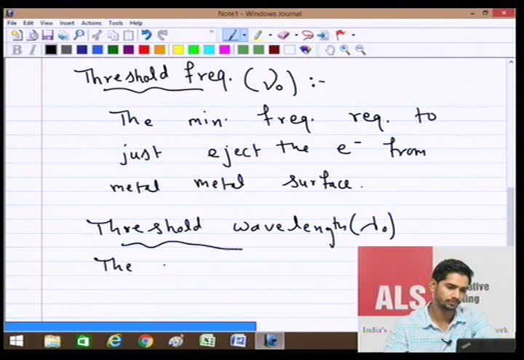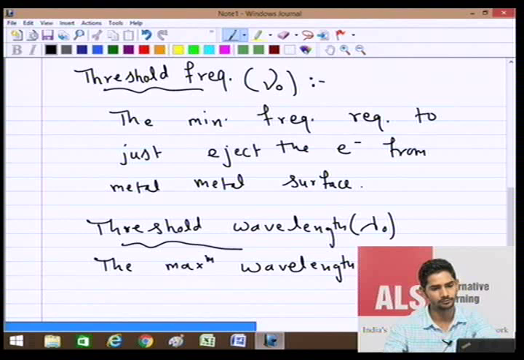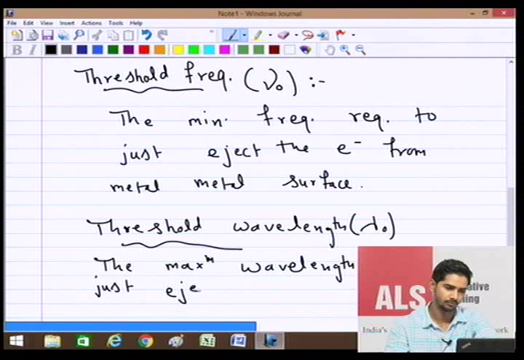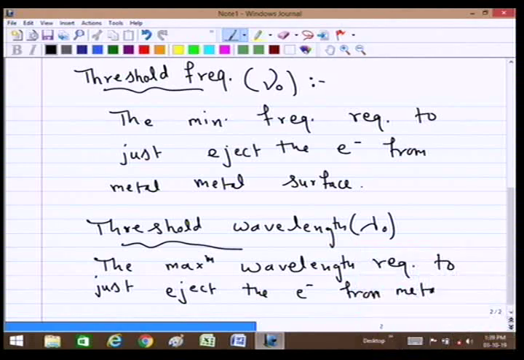This is the maximum wavelength required to just eject the electron from metal surface. Copy please.